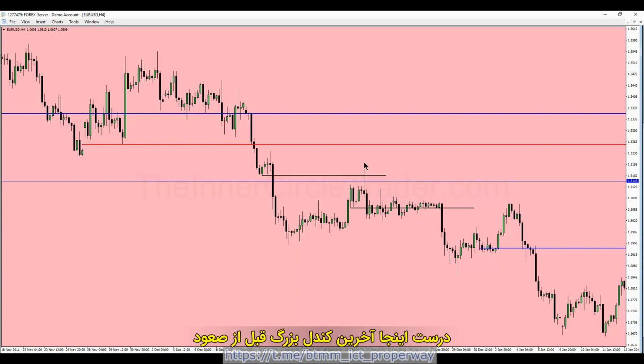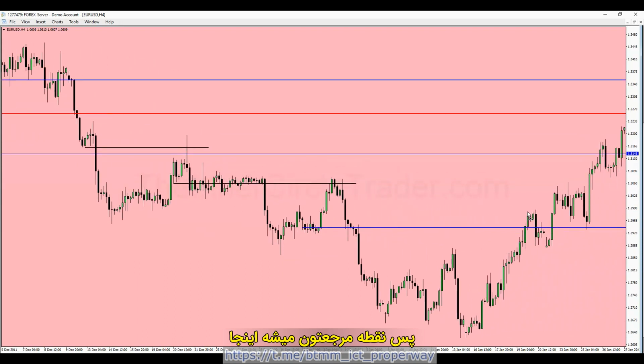Last big candle before the up move starts to come down. So here's your reference point there. And we have one more here that could have been used as a short that could have eventually led to a losing trade right there.